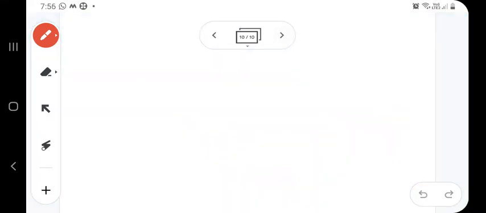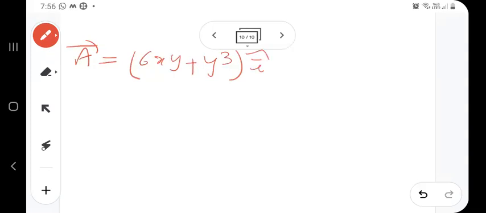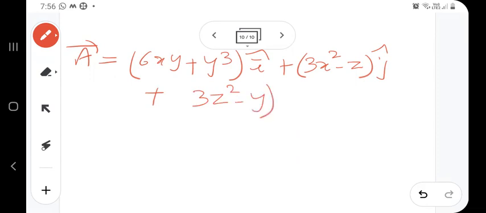I will explain one more problem. A vector a bar equals 6xy plus y cube i cap, plus 3x square minus z j cap, plus 3z square minus y k cap.